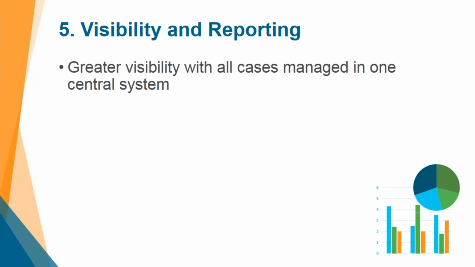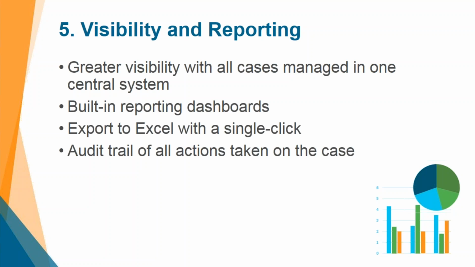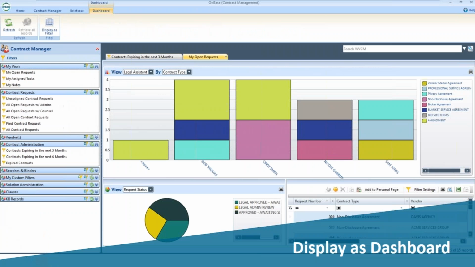With OnBase, knowledge workers can take advantage of built-in reporting dashboards that provide visibility into things like staff workloads, status of requests, or volume of requests by contract type, that type of information. We're able to export that information with a single click into Excel, and you're going to have a complete audit trail of all the actions that are taking place within OnBase.